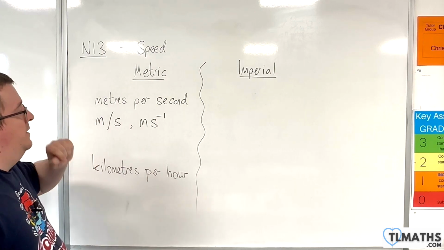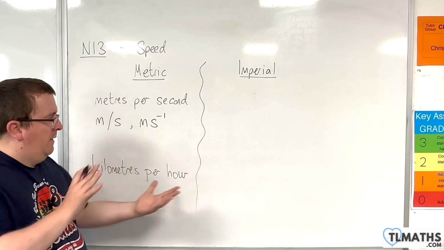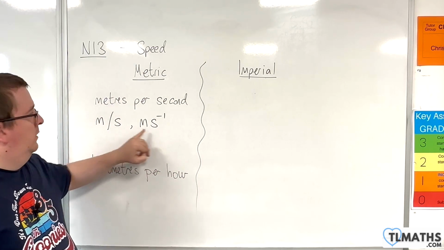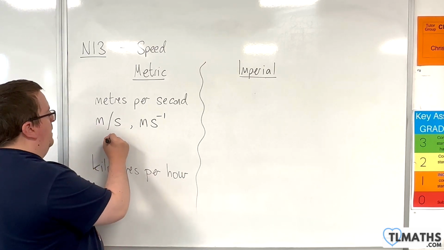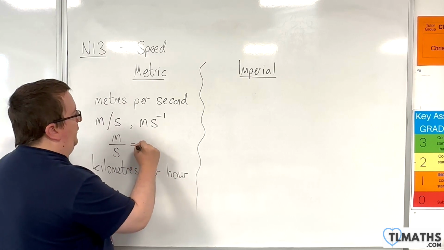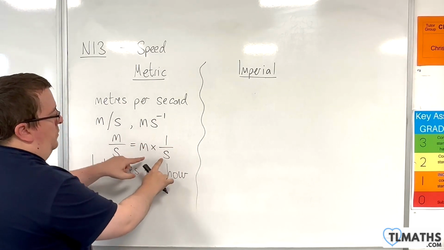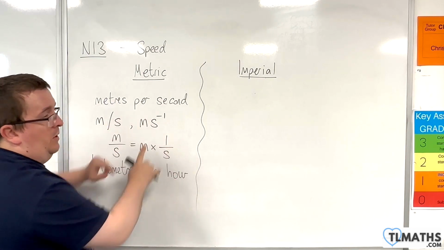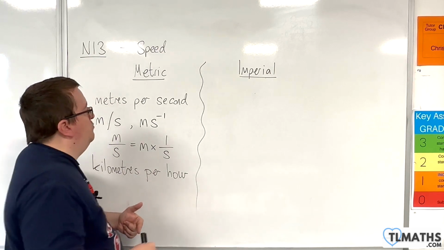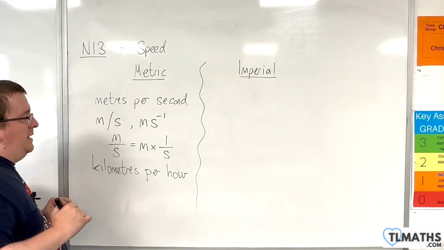If you haven't looked at the algebra section, then maybe you're unaware of this, but when I write 1 over s, which is the same thing as this, I'm thinking about it like this, which is the same as this. And 1 over s is the same as s to the minus 1. Okay, so it's coming from what we utilise with algebra. So you may see either of those two really being used.